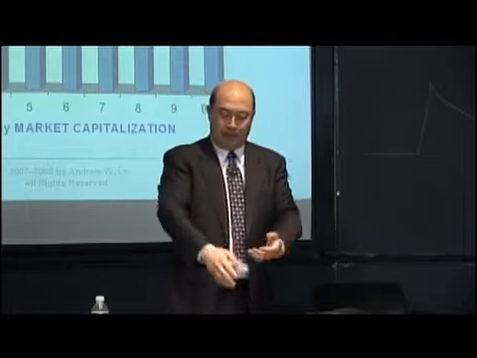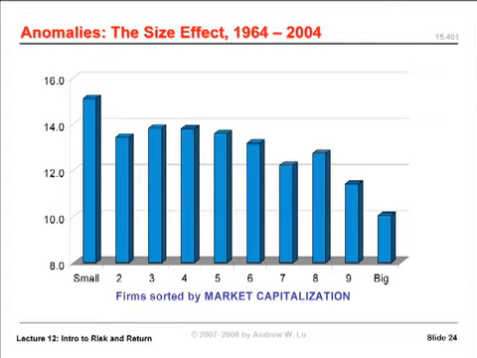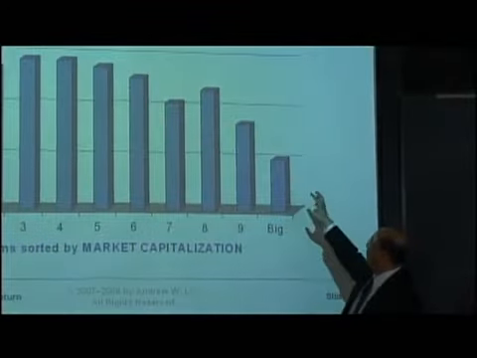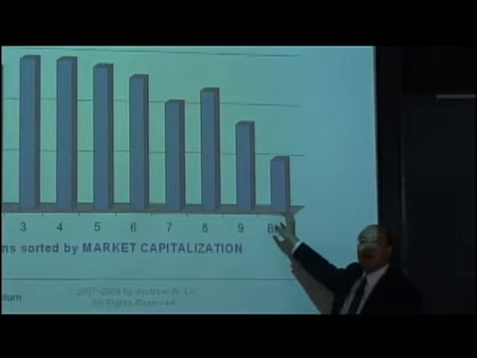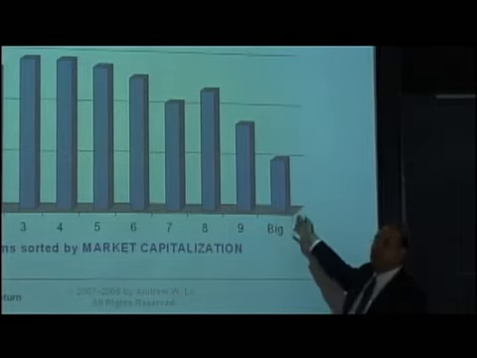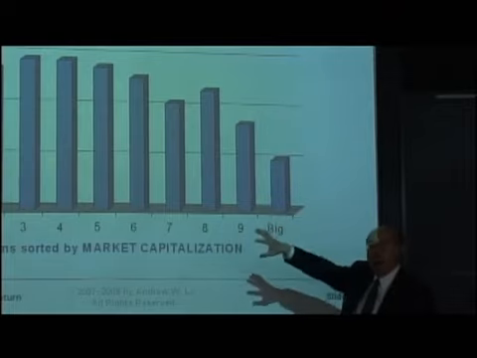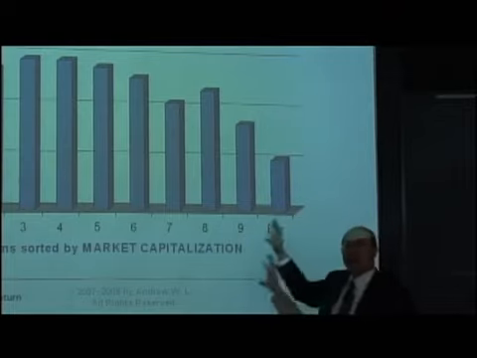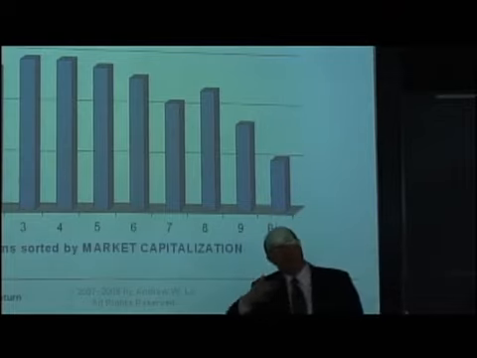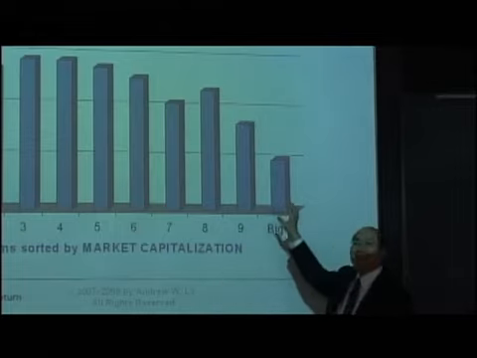Let me tell you, for example, what this means here. This particular bin over here is the bin of all stocks that have the largest market capitalizations among all of the stocks in my sample. I've divided it up into 10 equal groups. This is the largest 10th.